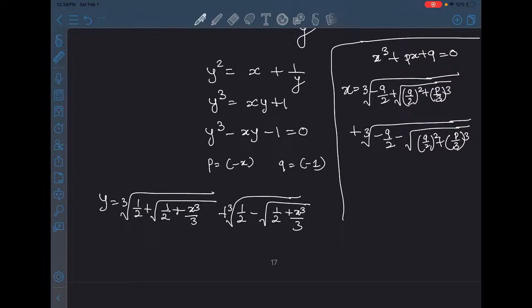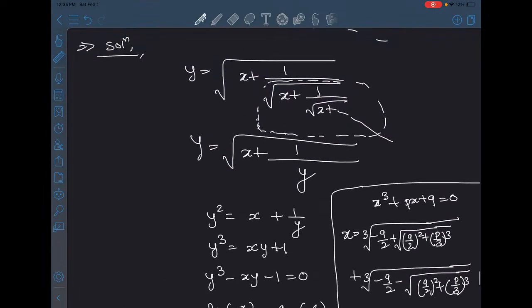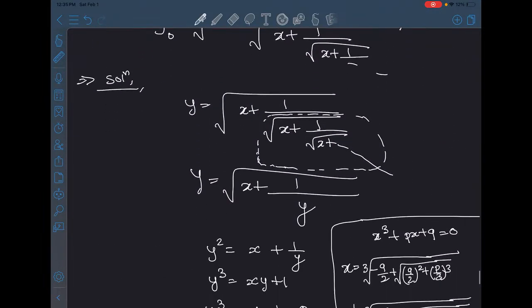Do you see any ways I can solve this problem? Hmm, this doesn't really seem like it's simplifying.